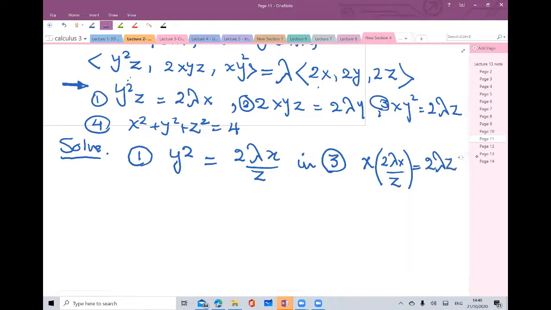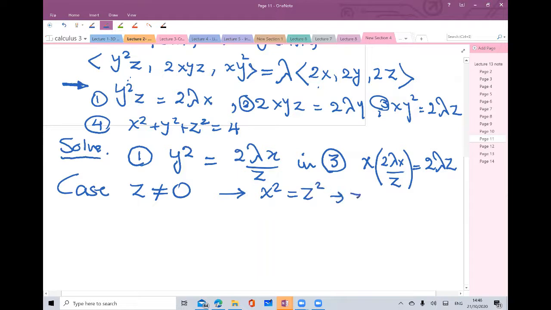Anything will do, I'm just trying to change the technique a bit. Here I divided by z, so I must say I'm dealing with the case where z is not equal to 0. Simplify, and what do we get? x squared equals z squared, so x equals plus or minus z. This is information I put in a box.